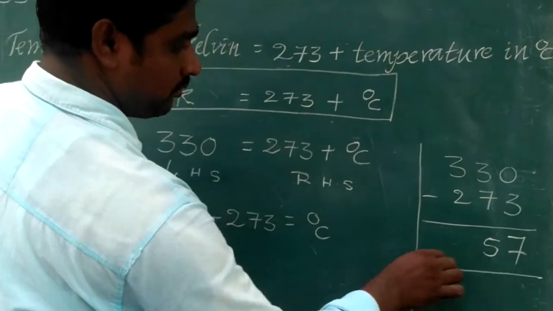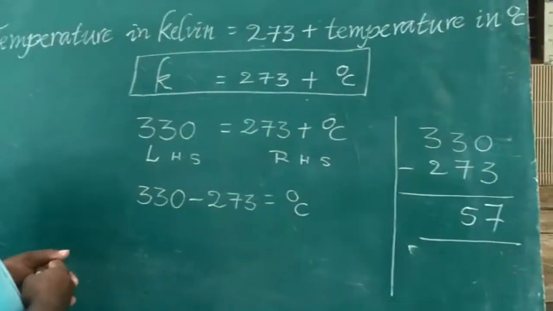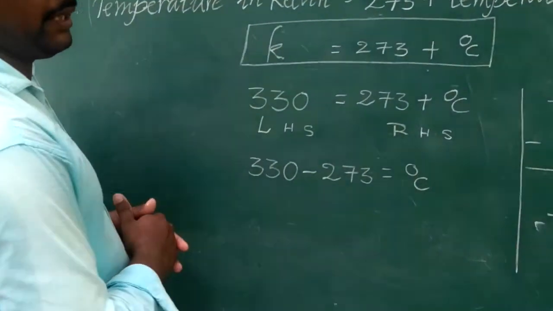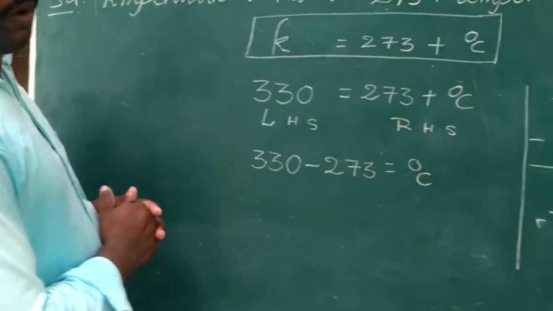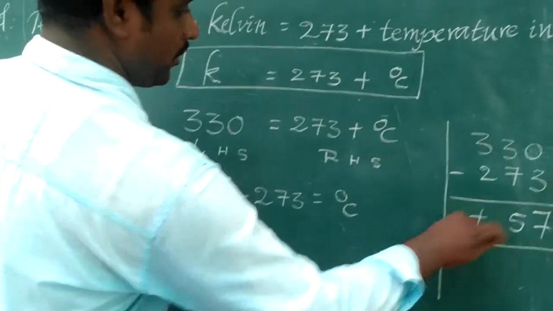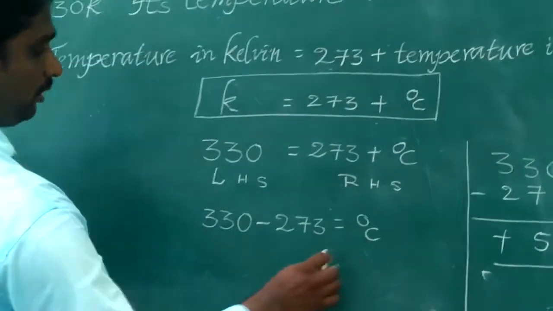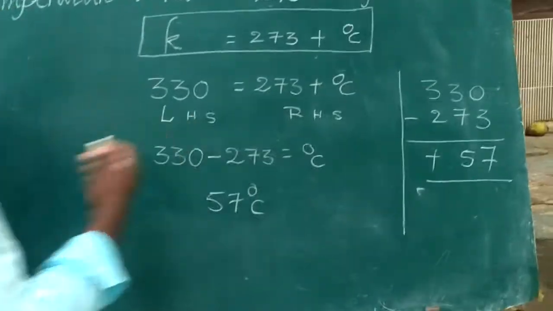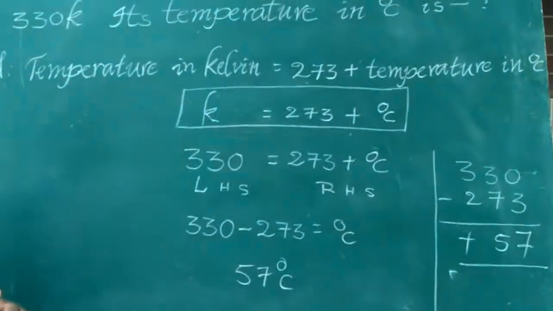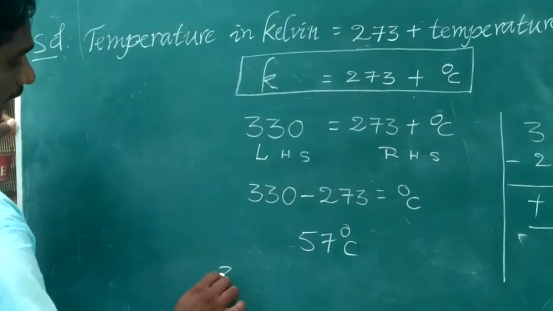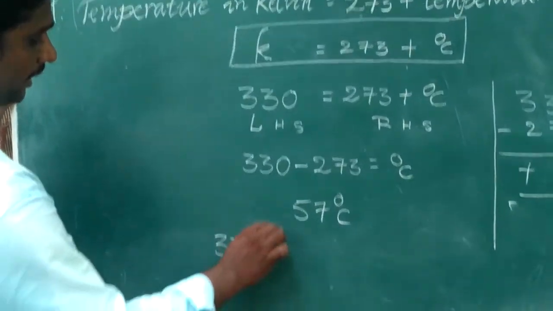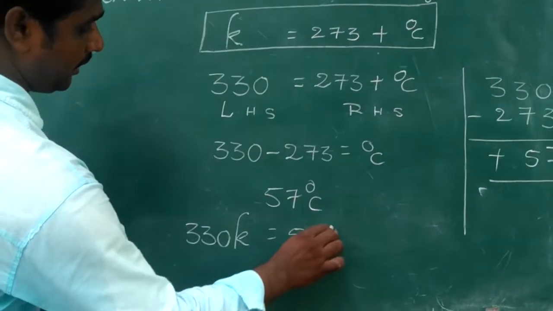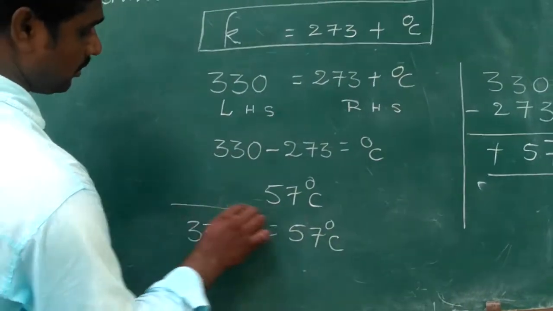So we get 57. Since 330 is the bigger value, it has the positive sign, plus 57. So that's why 57 degrees Celsius. Therefore, 330 Kelvin is equal to 57 degrees Celsius.